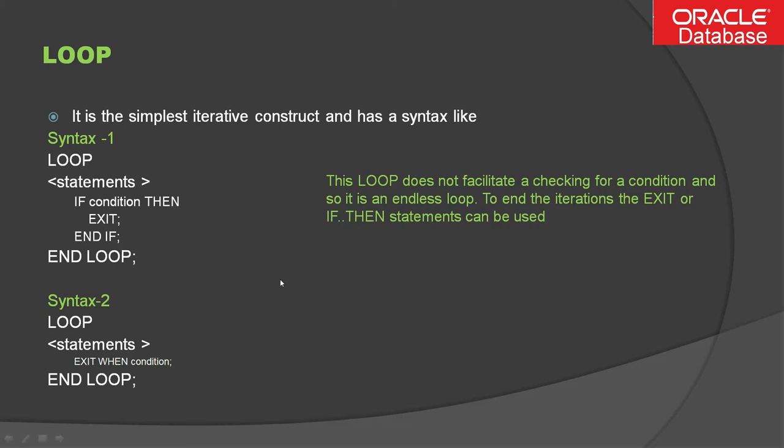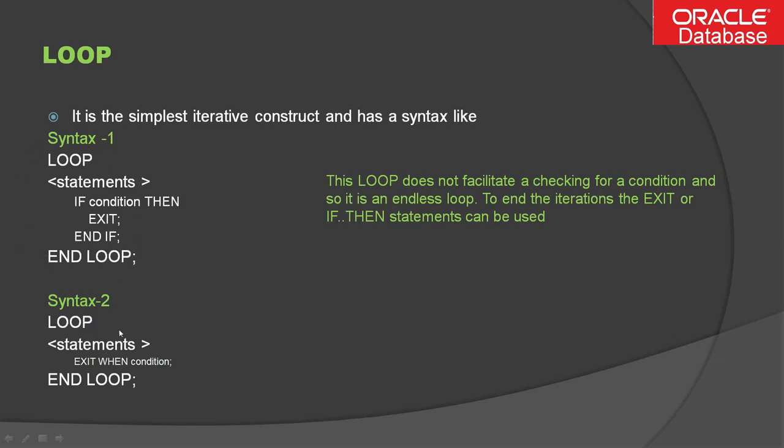This loop does not facilitate checking for a condition, and so it is an endless loop. To end the iterations, the exit or if then statement can be used. If you do not provide this if then condition, if you do not use the exit keyword, then this will be executed indefinitely.